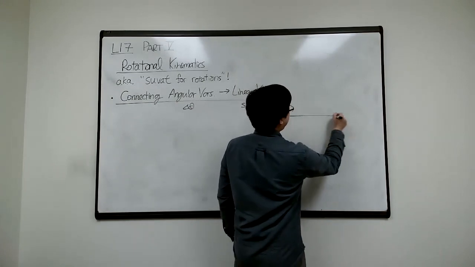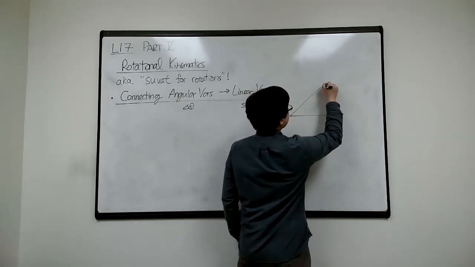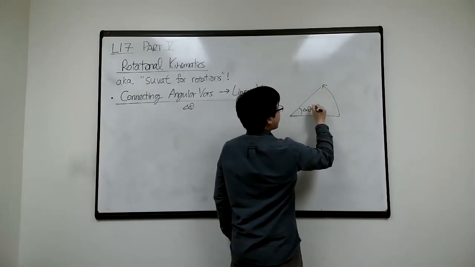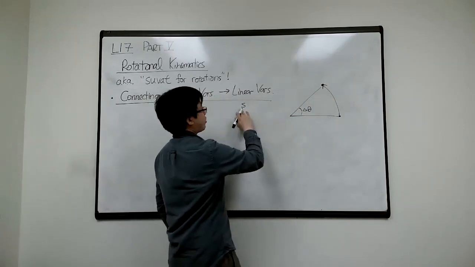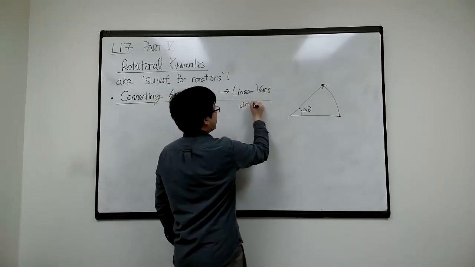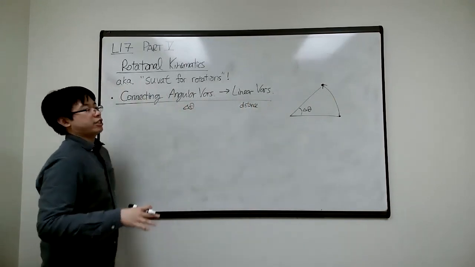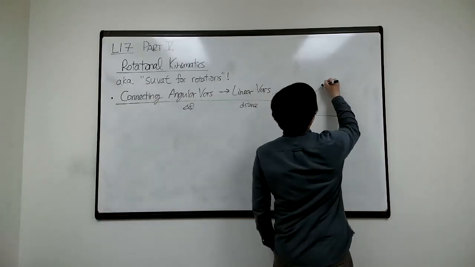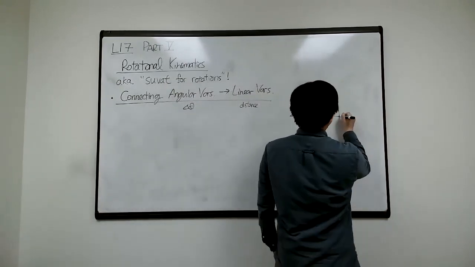So if I went from here, if I rotate a certain angle over here, I have traversed that much distance. In fact, I really want distance. So we'll worry about the non-vector versions of this first, and we'll worry about the vector version at the end later.